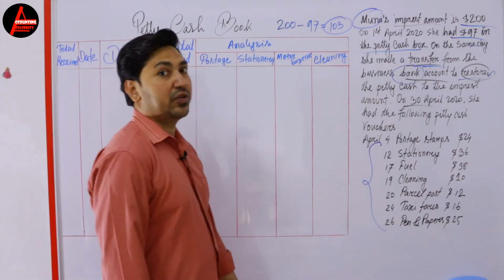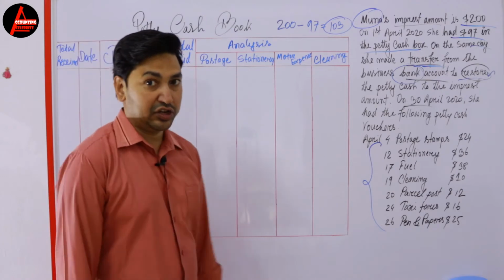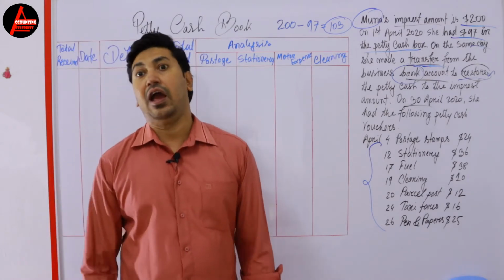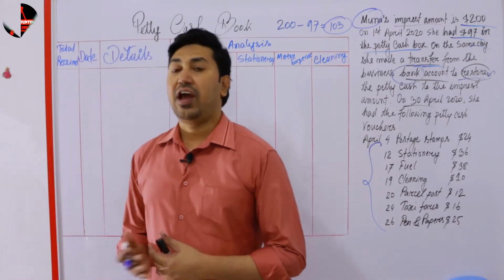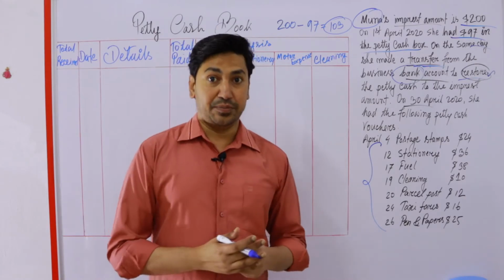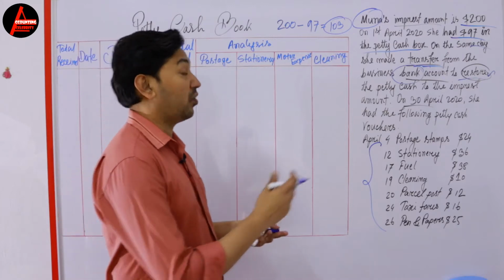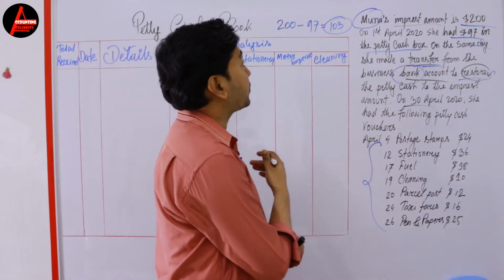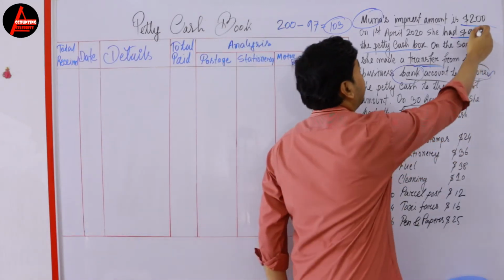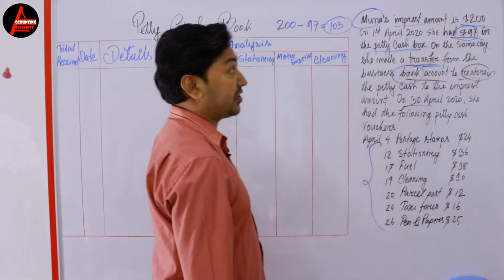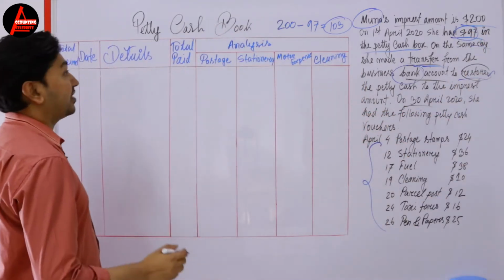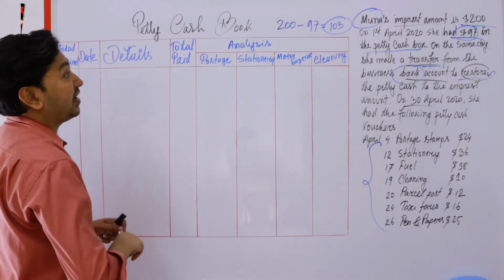First of all, you have to write these transactions according to the date. And before that you need to write balance BD. Balance BD means brought down from last month. So how much balance BD do you have, meaning the previous month's balance? It is $97. What is the date?